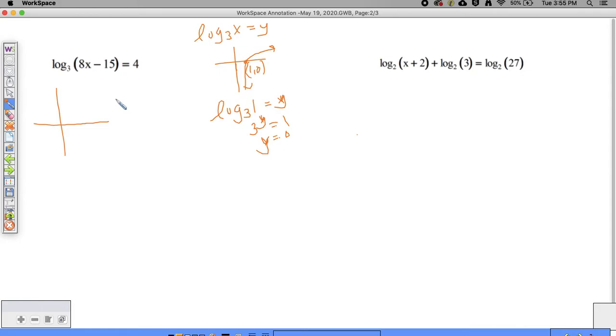Log of 8x minus 15, divided by log of 3, just to make it really easy. I'm literally doing it on my calculator so I don't screw this up. And we're just going to graph, and calculate our 0. Anything after 1 is an issue, right? So let me go to my graph. I'm a hot mess right now. We're going to look for the 0 where y is equal to 0.